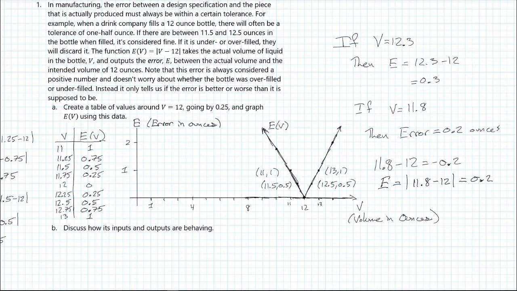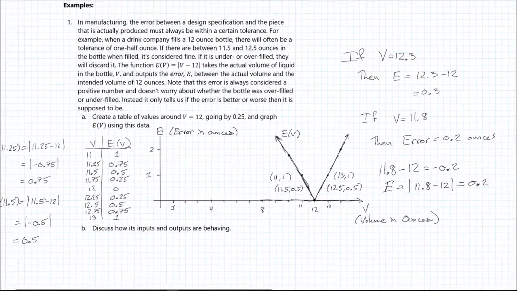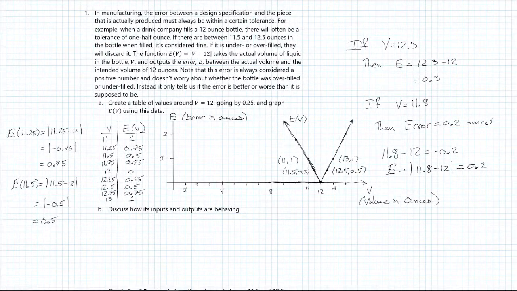Note that this graph never goes negative. It has no negative error values because we're always taking the absolute value. And whatever we plug in after we do the subtraction, we always make it positive afterwards.